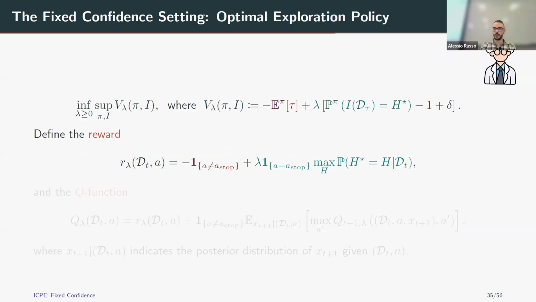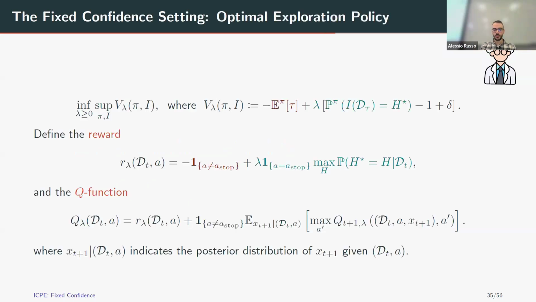And for this dual function, we can show that we can define this reward. And using this reward, we can also define this Q function. So this reward is simply -1 for every time step you took that you didn't stop, plus lambda that multiplies the value of the maximum of the posterior at the time step you stopped.